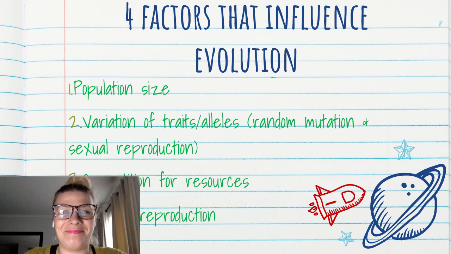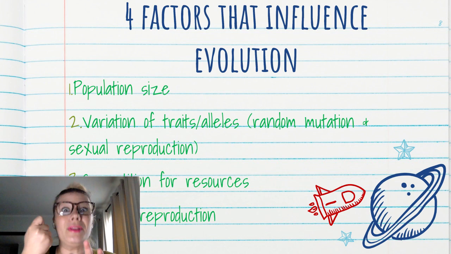Remember, we want to have a bunch of different traits and a bunch of different alleles that we can pull from, because maybe this one trait is good in one environment. If the environment changes and we have another trait available, then we can use that. So random mutations help that variation, as well as sexual reproduction, because remember, we're getting genetically unique offspring all the time.